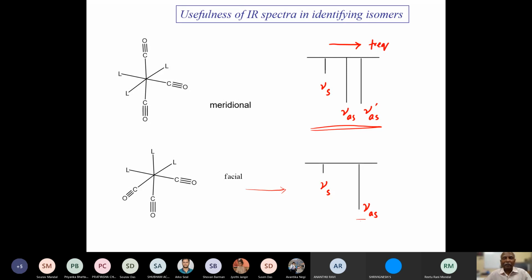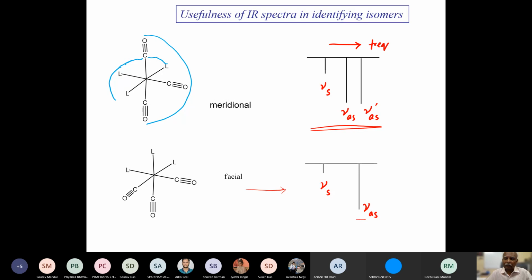Similarly, if I have an ML3 complex, I can have a difference in the number of bands and the intensity difference between the symmetric and the asymmetric stretching frequencies. And so in the meridional form, this is the meridional isomer.